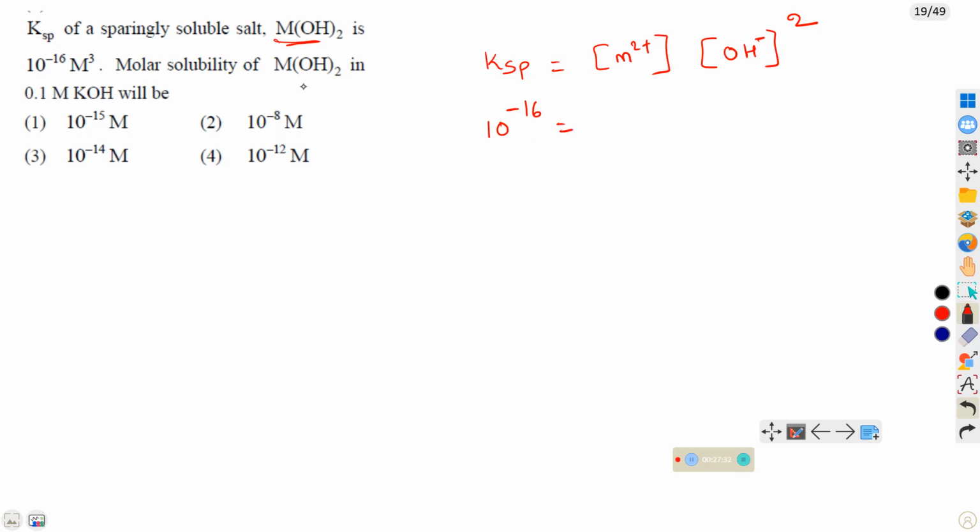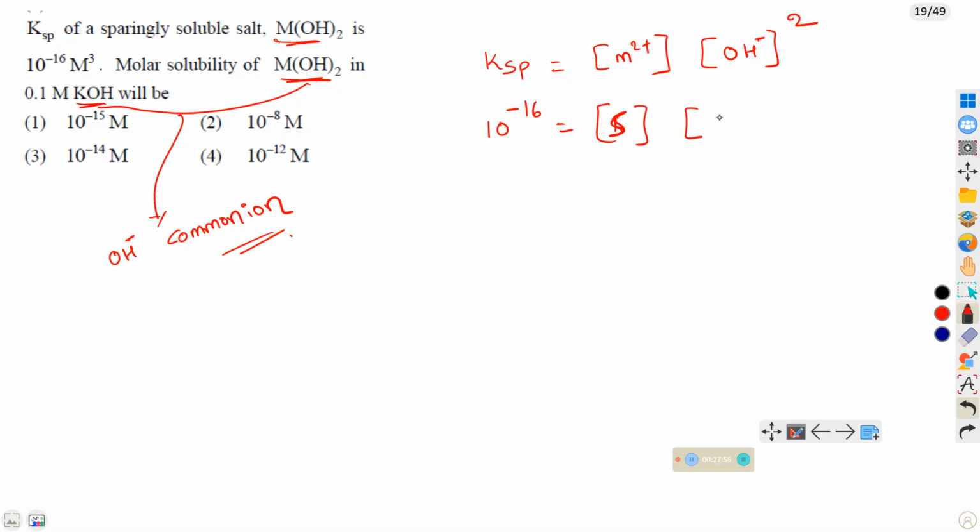Observe the point: in KOH and M(OH)2, a common ion is present. OH minus is the common ion. So according to common ion effect, OH minus ion concentration is taken as 0.1 molar. M2 plus is nothing but solubility. Solubility is equal to 10 power minus 16 by 0.1 whole square, that is equal to 10 power minus 14. So third option correct.